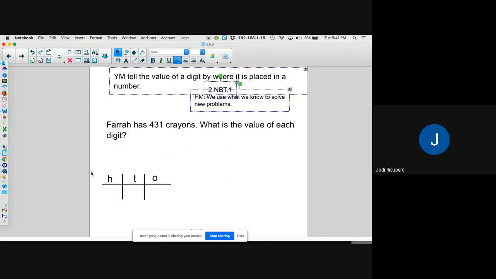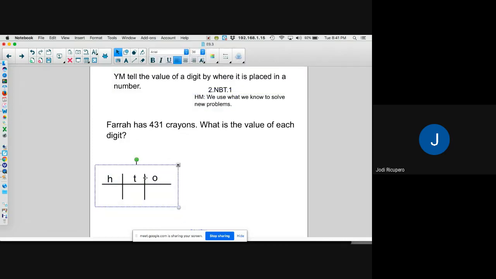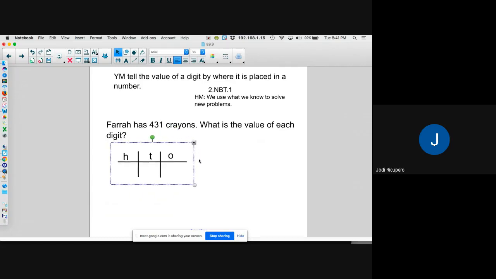Farah has 431 crayons. What is the value of each digit? On your paper, make a place value chart and write the number. So if we use the place value chart, we know that her number looks like this in the place value chart.